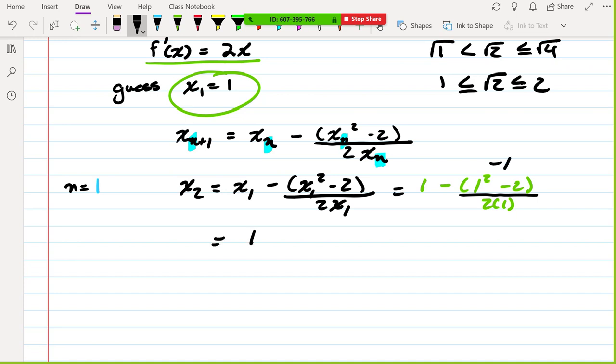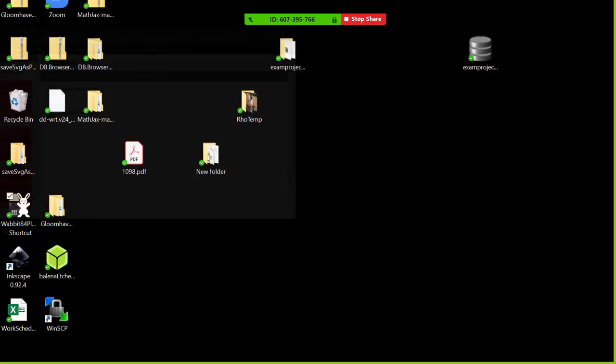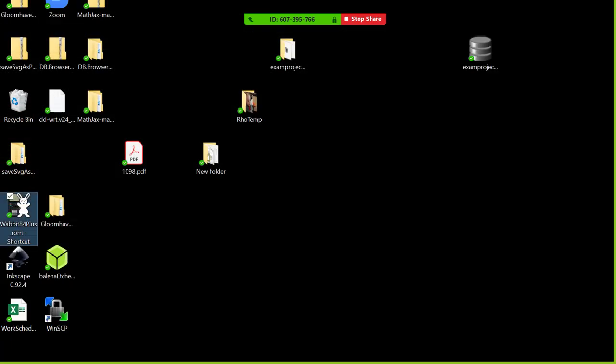So we get 1 minus a negative 1 over 2, which gives us 3 halves. So that would be our first approximation of the square root of 2, 3 halves. Then we could do this process again and again and again. Well, turns out that that's a very, very long way to do this. So let's grab our calculator.